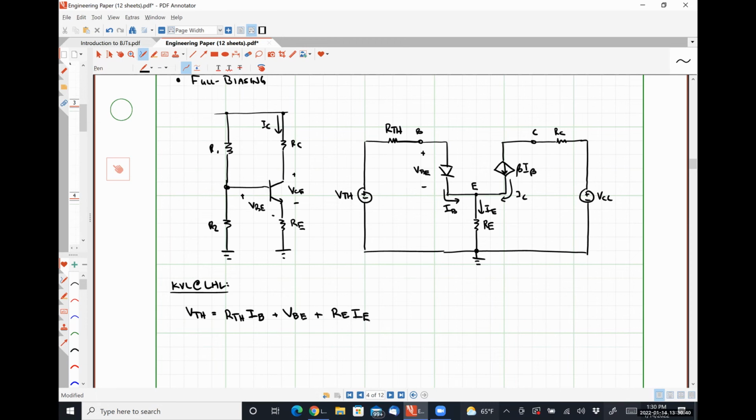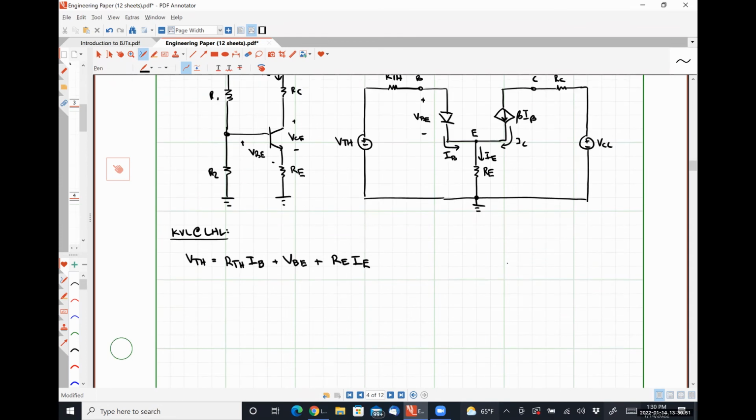And we can do a couple of substitutions here. So we'll have RTH times IB plus VBE plus RE times 1 plus beta IB.